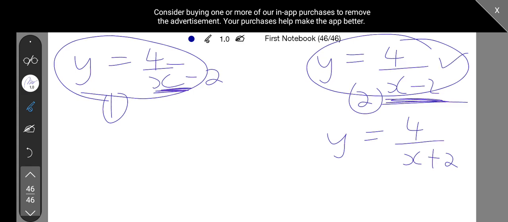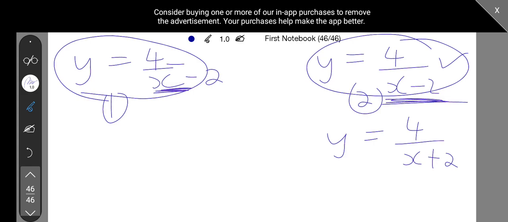As long as we minus a number from x, we go to the right instead of left. Most of you will say that the negative is to the left, but no. When we minus on the value of x, we go to the right. And when we add on the value of x, we go to the left. So these are very essential for exam purposes.